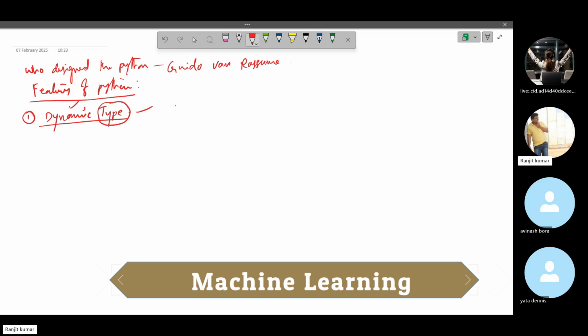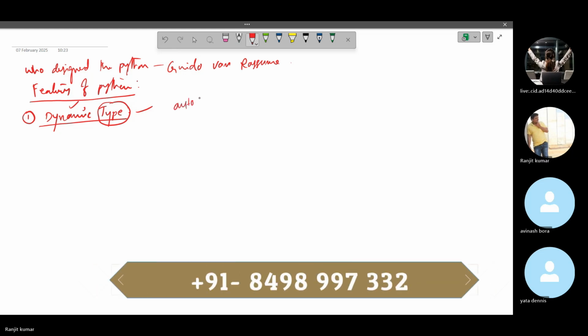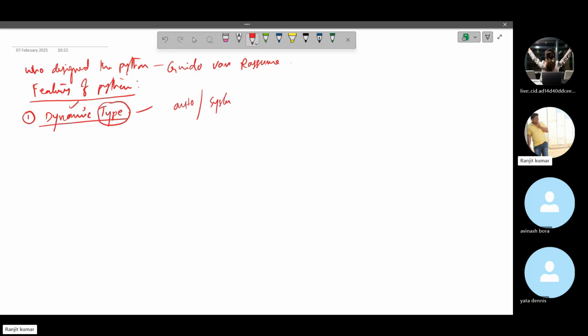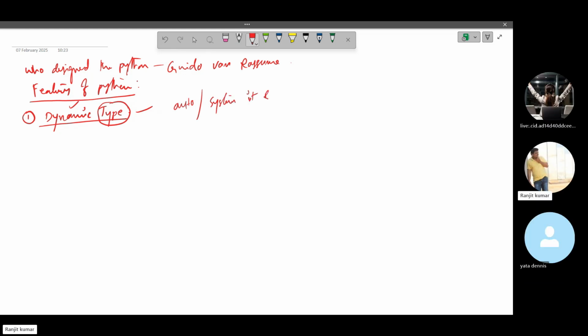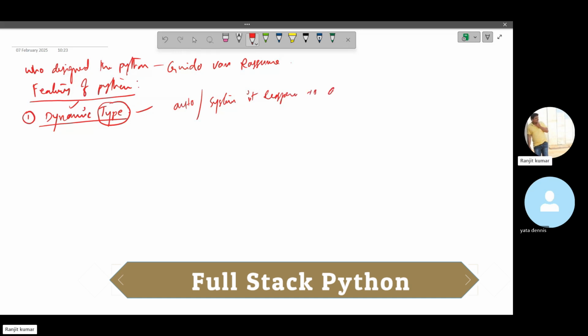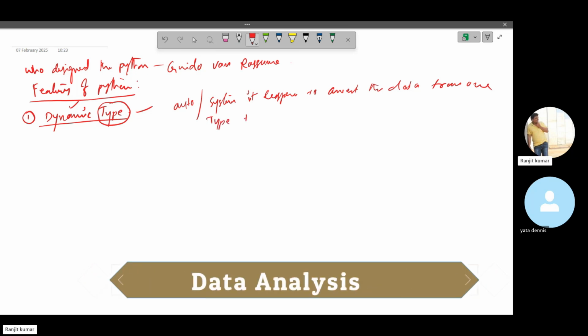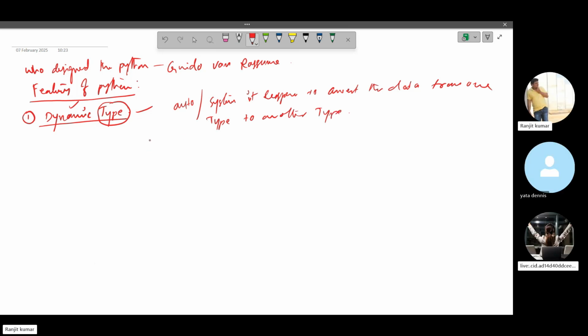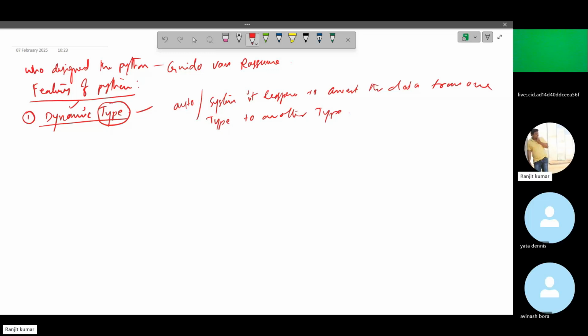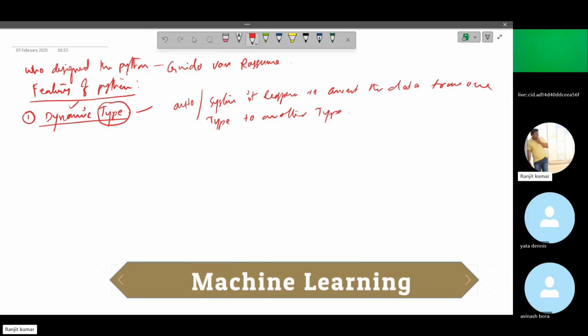That means the system is automatically responsible for converting the data from one type to another type. So while you are working on the data, if the data goes through different types, the system itself is going to handle it.